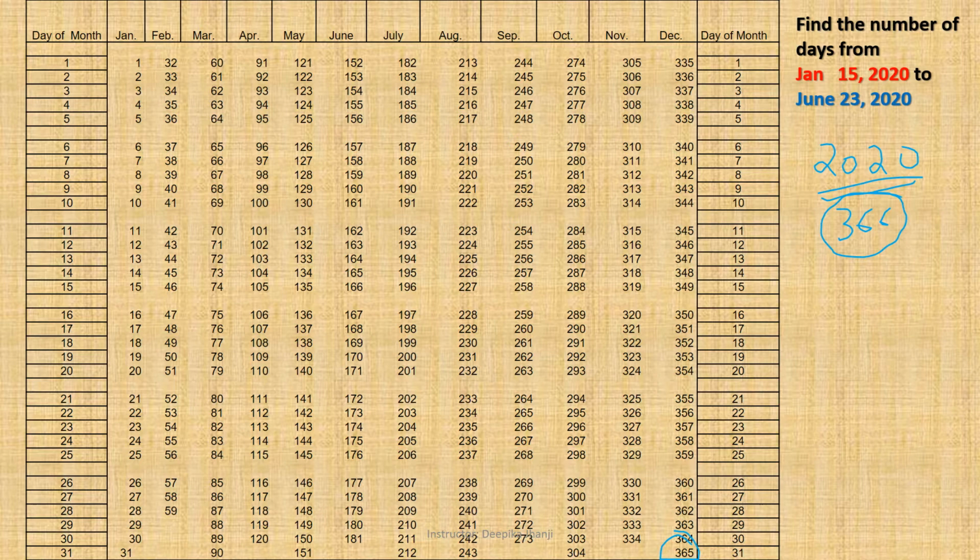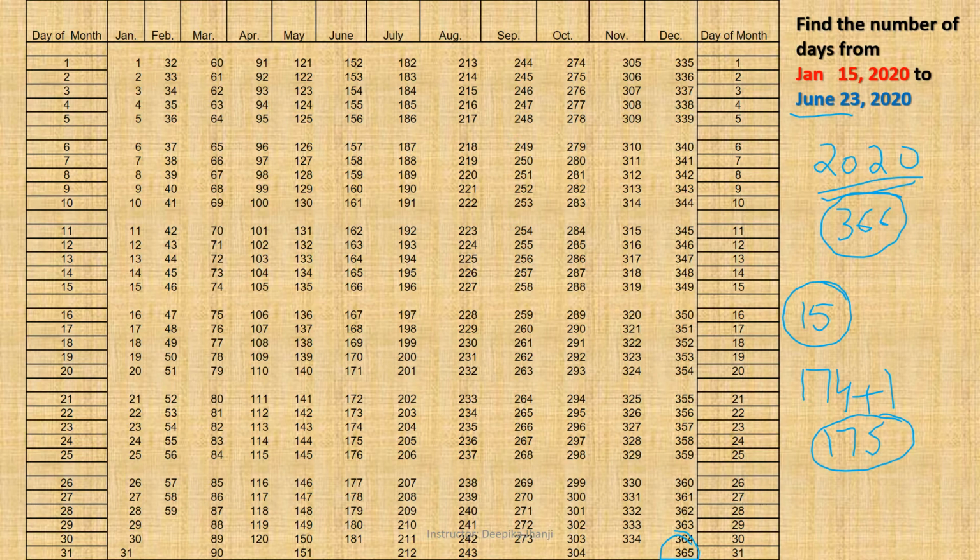Now January 15th is the 15th day of the year. June 23rd is the 174th day of a normal year, but this is a leap year, so we add 1 to 174. So June 23rd becomes the 175th day of the year.